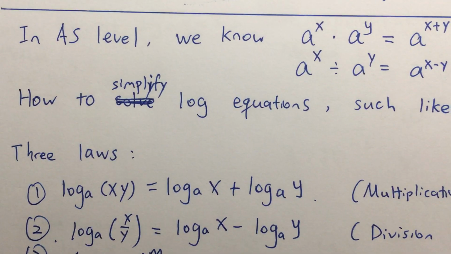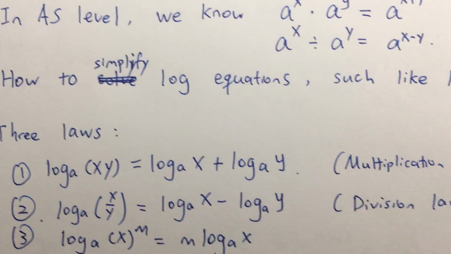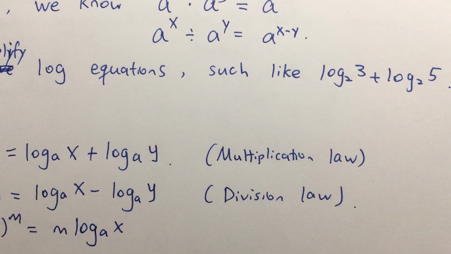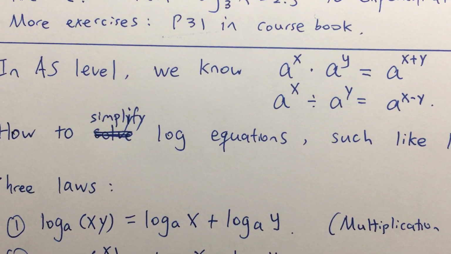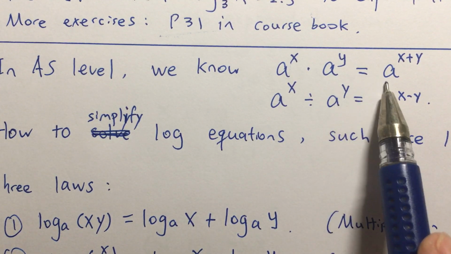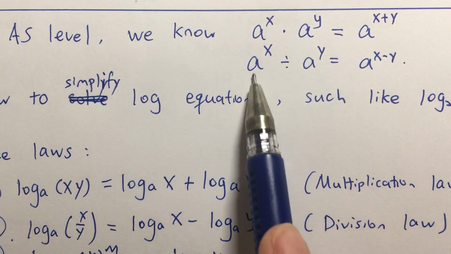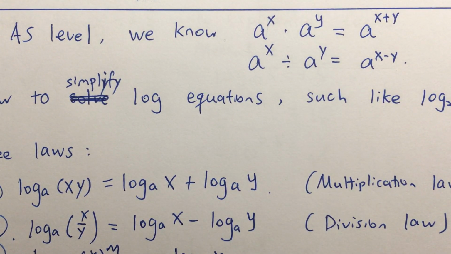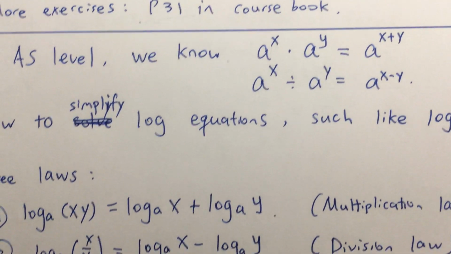Okay, now let's do how to simplify log equations such as log base 2 of 3 plus log base 2 of 5. Well, in AS level, we have learned that a^x times a^y equals a^(x+y), and a^x divided by a^y equals a^(x-y).